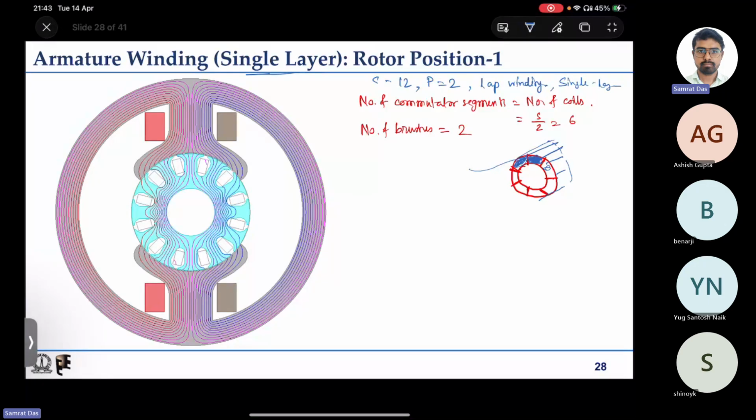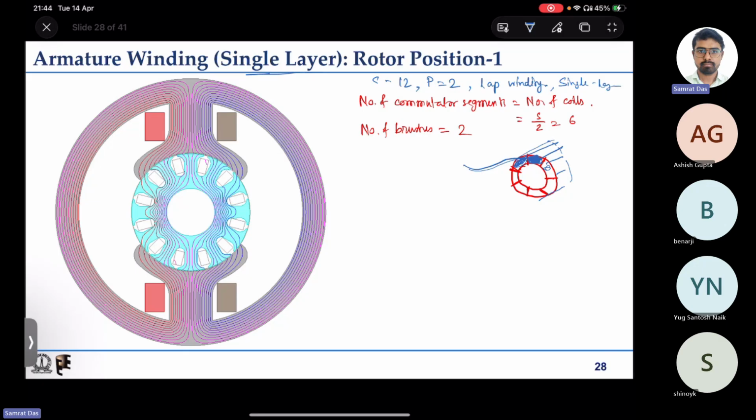The commutator is actually mounted on the shaft, so it is rotating with the rotor. The rotor has all the coils, so the coils are also rotating, and they will be coming and shorted in some segment. Unless the commutator also rotates, it is not a realizable system.